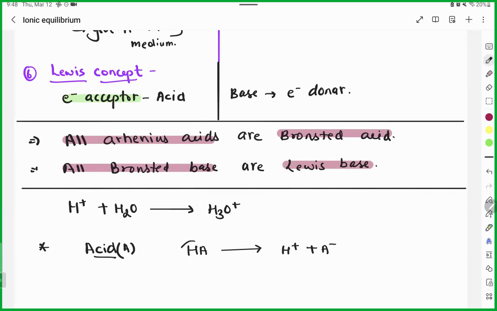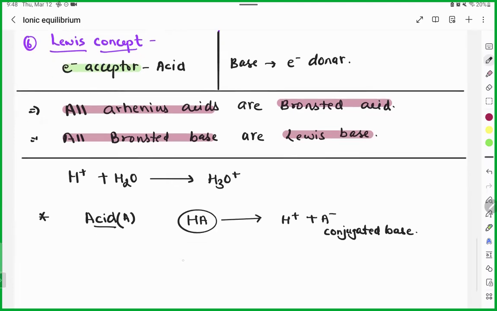So the acid will give a conjugate base. And when a base accepts H positive ion, it will form a conjugate acid. So acid forms a conjugate base, or base forms a conjugate acid.